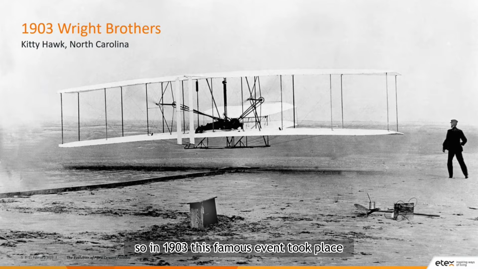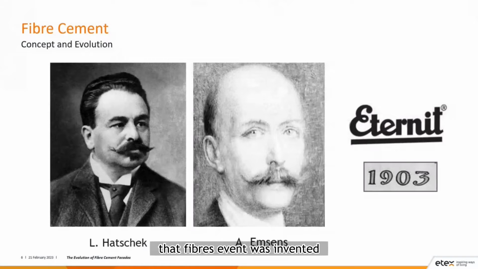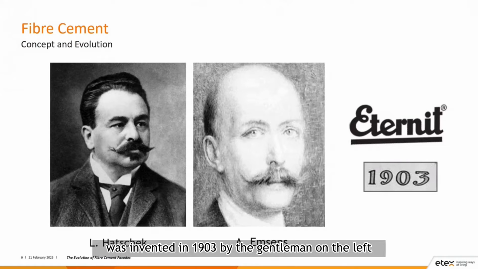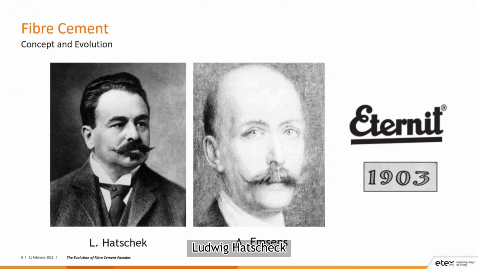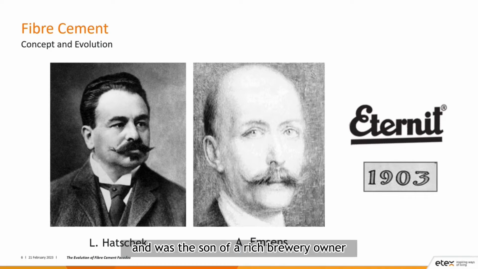In 1903, this famous event took place, but it was also the same year that fibre cement was invented. Fibre cement was invented in 1903 by the gentleman on the left, Ludwig Hatschek. Ludwig Hatschek lived in Austria and was the son of a rich brewery owner.